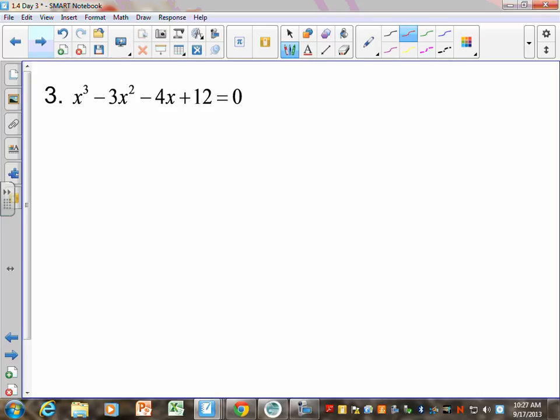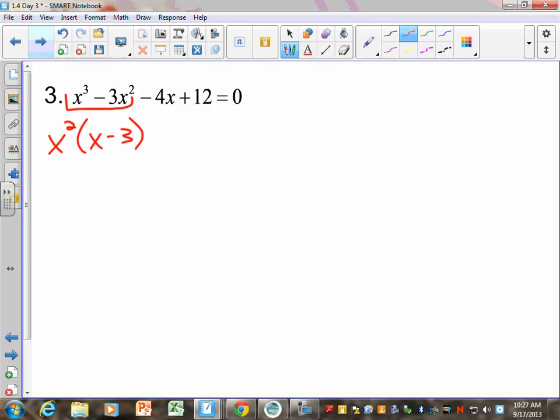What about this one? You can't take a GCF out of that because they don't all have anything in common, right? But factor by grouping we're going to throw in there because we can group together those first 2 terms, we can group together the last 2 terms, and it should work out that we can then set those equal to 0 and solve them. So of these 2, I could factor out an x squared, and I'd be left with x minus 3.